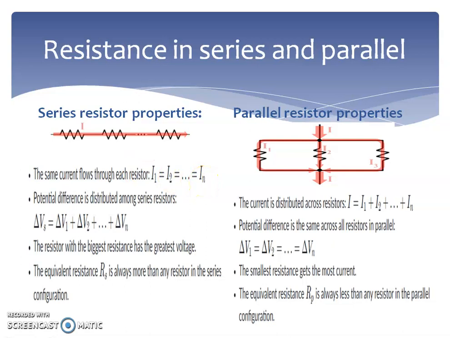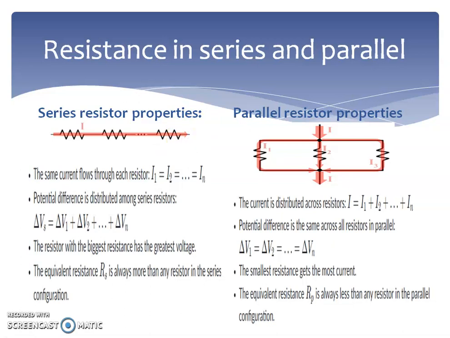But the potential difference is different across each resistor. Across the first resistor it is delta V1, across the second resistance delta V2, and across the nth resistance delta Vn. So the total voltage across the series circuit is equal to delta V1 plus delta V2 up to delta Vn.